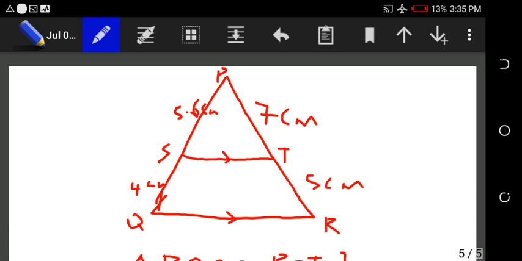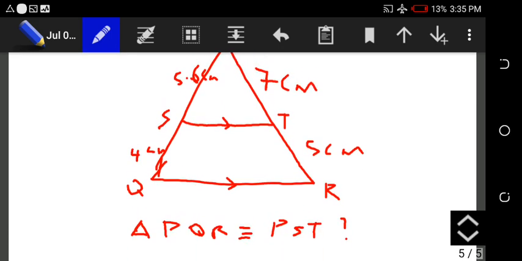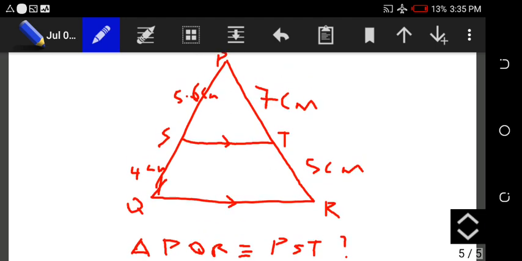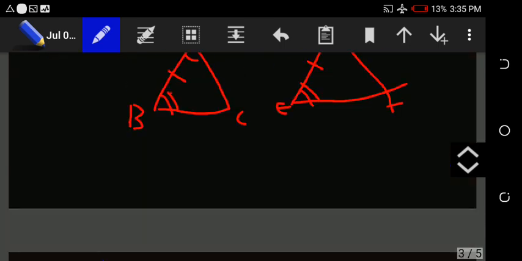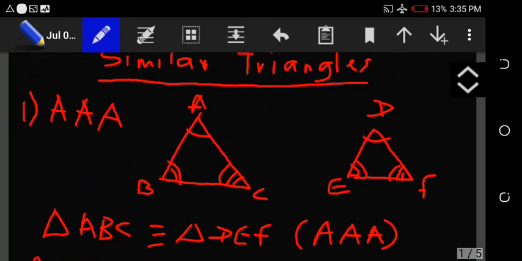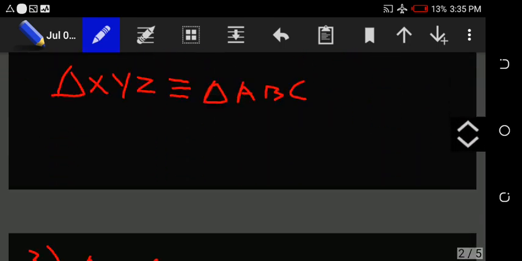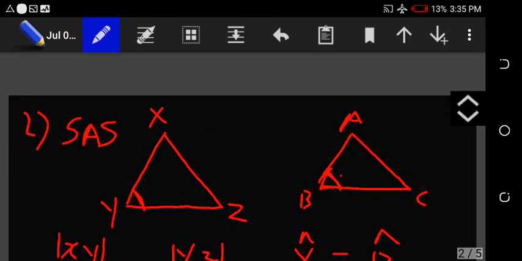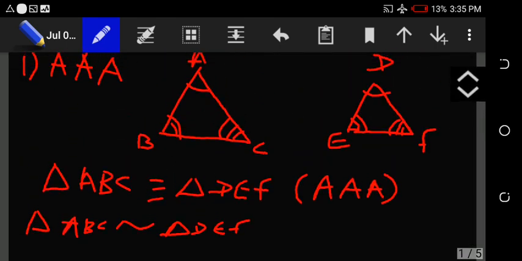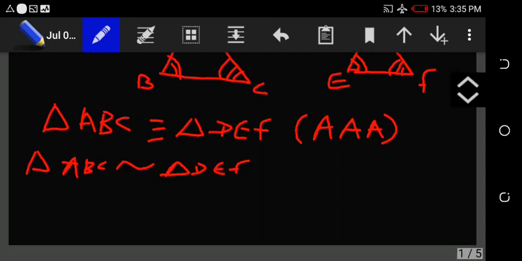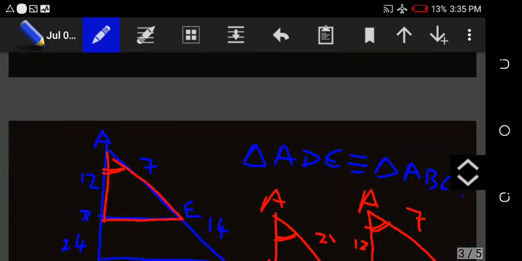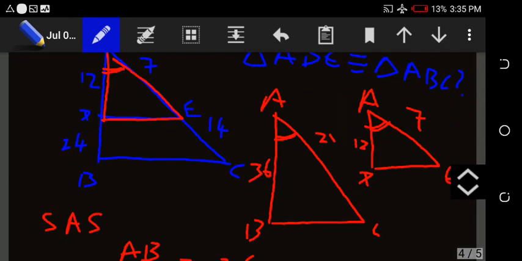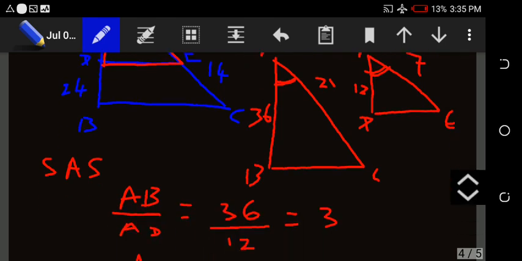Are they similar triangles? So you might want to go ahead and check out, use the postulates that we've looked at, whether angle, side, angle, or side, angle, side. All right, so we'll know which of them will work, and then try to know whether they are similar or not.